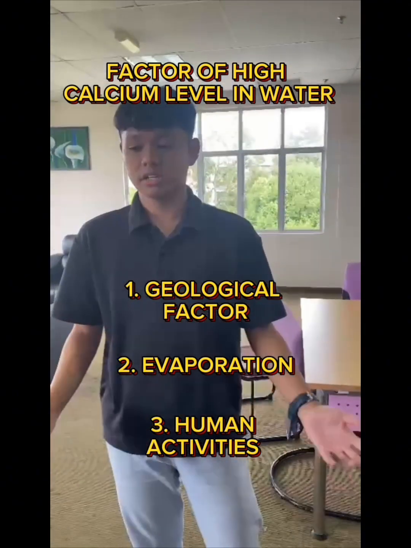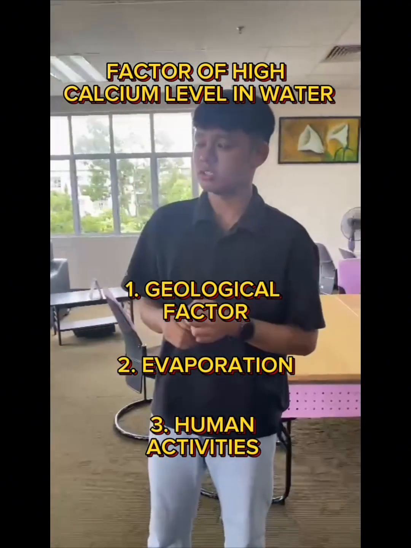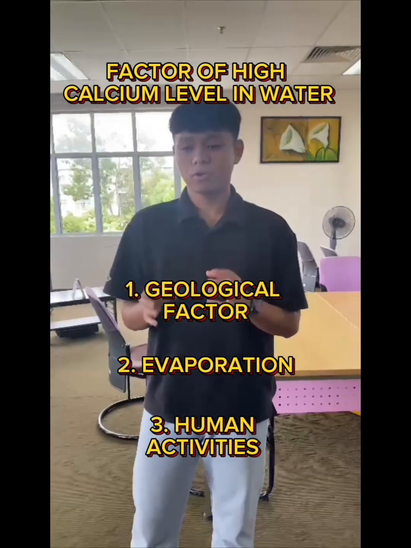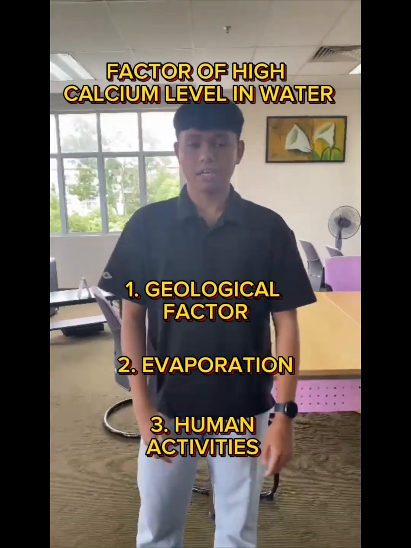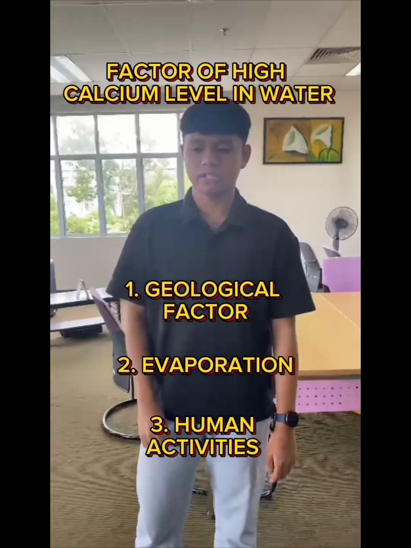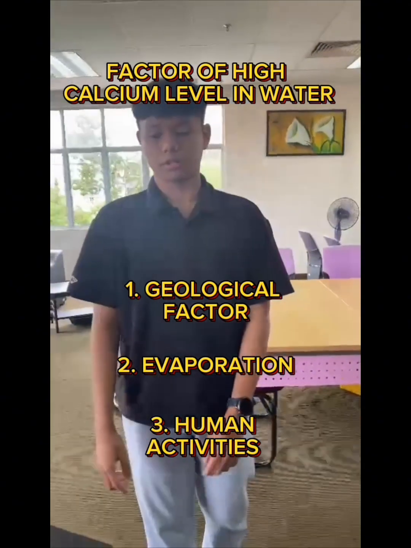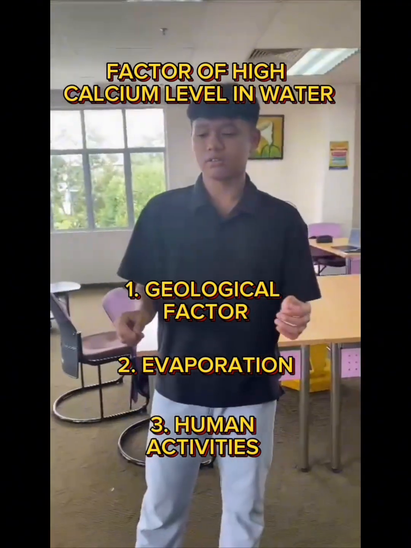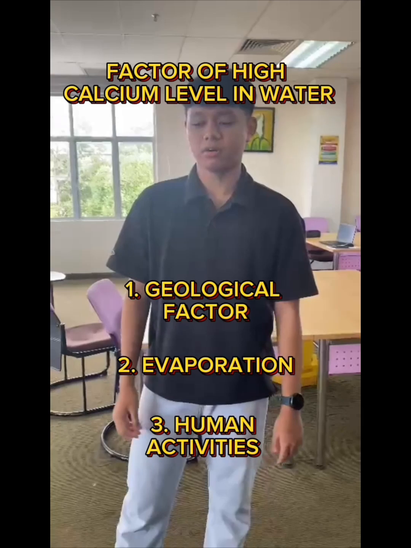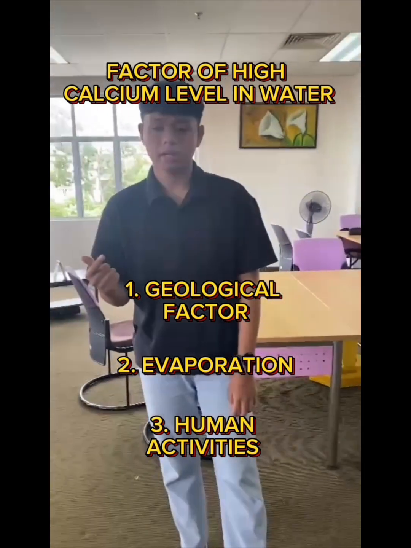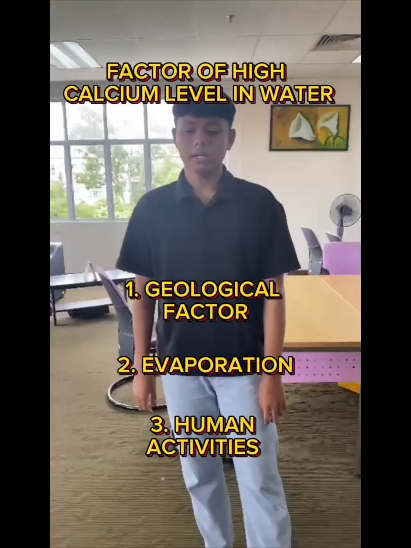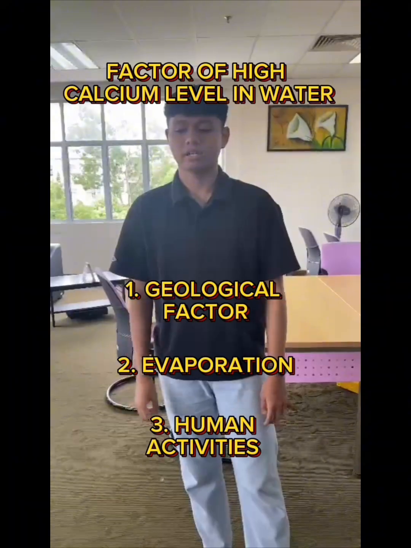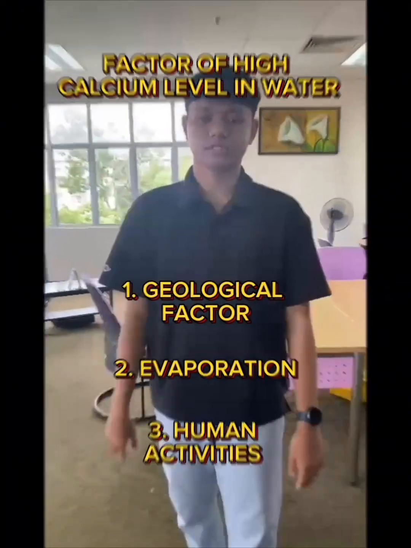Similarly, industrial processes such as cement production can release calcium compounds into the environment, eventually increasing calcium level in nearby rivers or groundwater. Each of these factors contributes in different ways depending on the local geography, climate and human influence, but all lead to elevated calcium concentration in water sources.